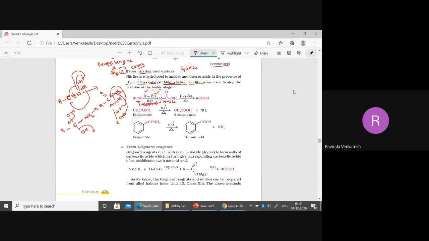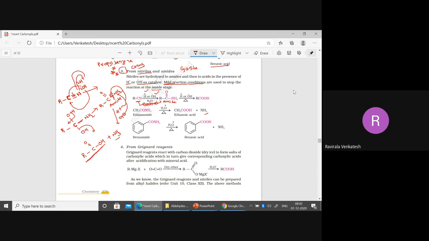You break the last bond. Now we get RC double bond OH. This OH we are adding to this carbon. Now NH2 gains one hydrogen, converting into NH3. This is the product we are going to get. Have you understood how to write this one?